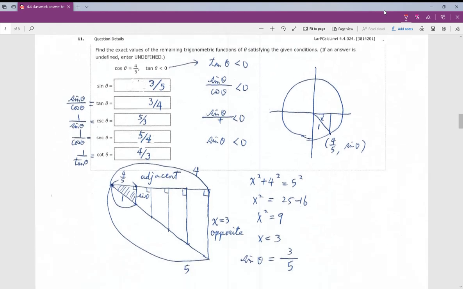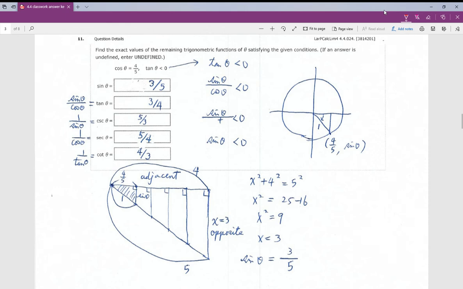Number 11. Cosine theta is 4 over 5. Now, I want to review a little bit.